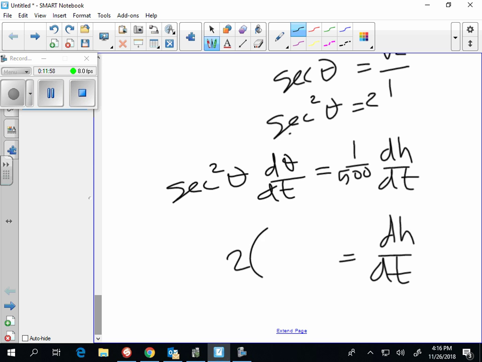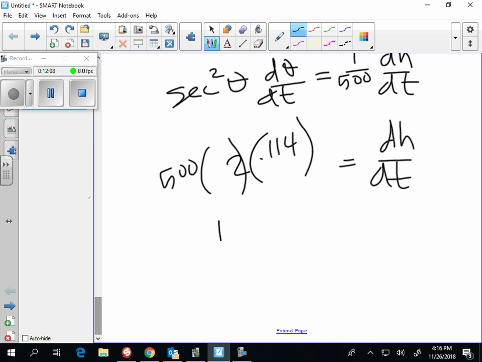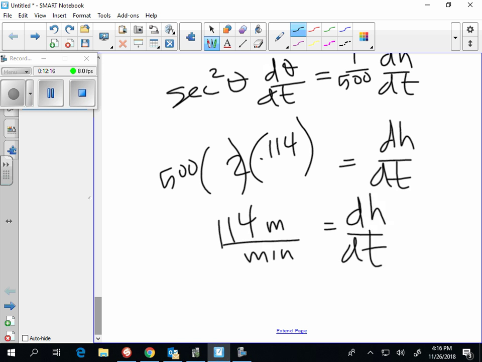We said dθ/dt was 0.114. And we multiplied both sides by 500. And so I end up with 114 meters per minute is dh/dt. Okay. Does that make sense in the context of this problem?